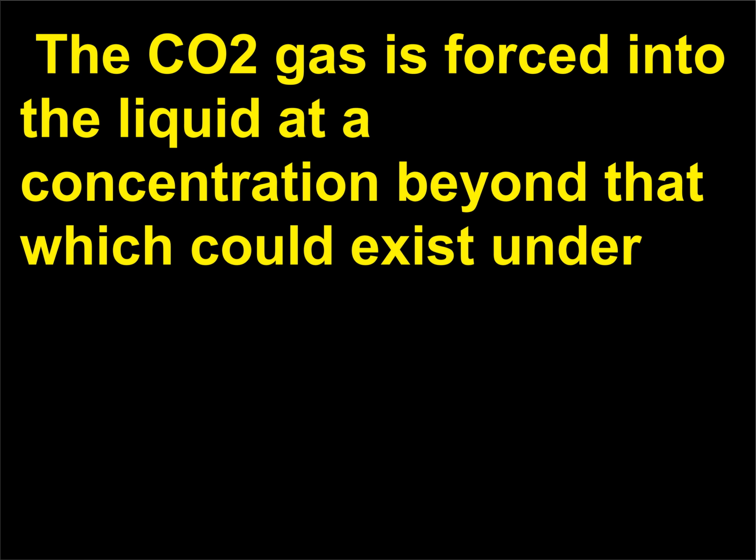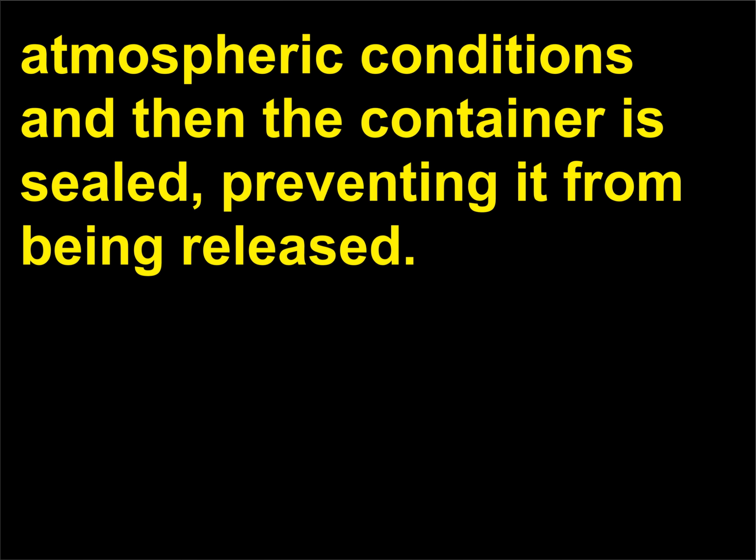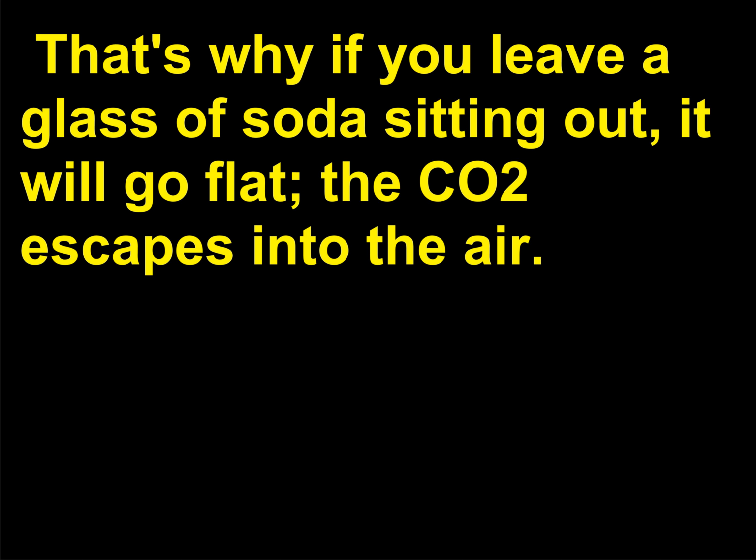The CO2 gas is forced into the liquid at a concentration beyond that which could exist under atmospheric conditions, and then the container is sealed, preventing it from being released. That's why if you leave a glass of soda sitting out, it will go flat: the CO2 escapes into the air.